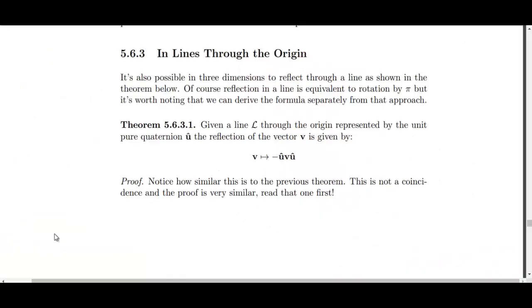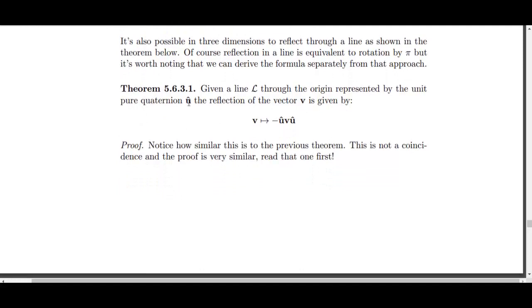The last thing that I want to talk about is reflection through lines in the origin. We have this last theorem, giving a line L through the origin represented by the unit pure quaternion u. The reflection of the vector b is given by this expression. We see here that B goes to negative u times b times u. So this expression is very similar to the previous theorem.